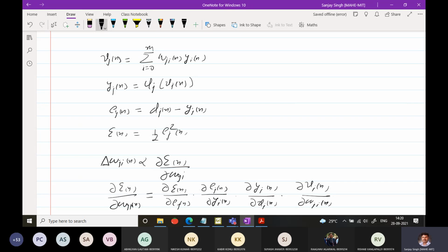Is the chain rule clear now? How do I know that I have to write like this? All these things are available here. Now let's compute it. Suppose I write dE over dEj, what is the value I'm supposed to get?